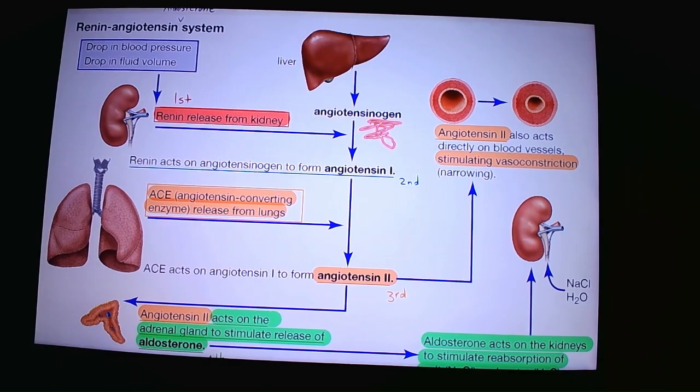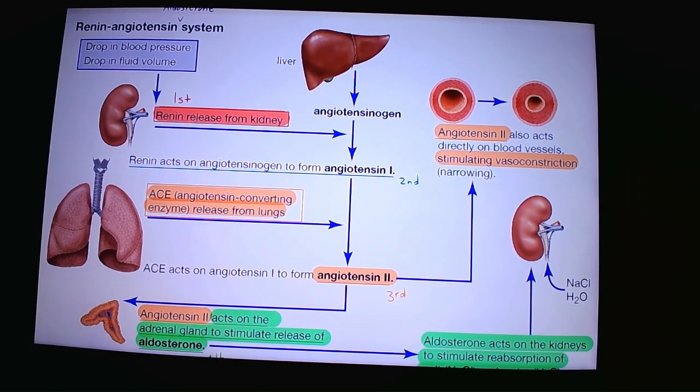That TPA, the tissue plasminogen activator. Here's angiotensinogen. This is the predecessor to angiotensin 1. So renin plus angiotensinogen creates angiotensin 1, right? So this is step 1, this is step 2.